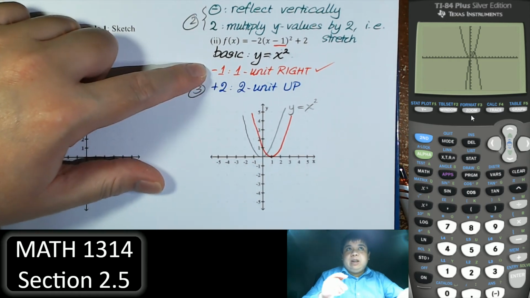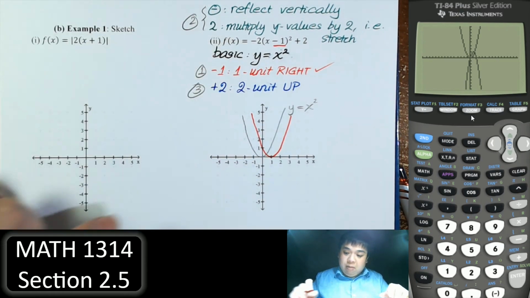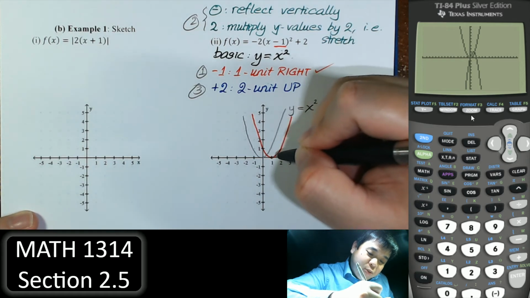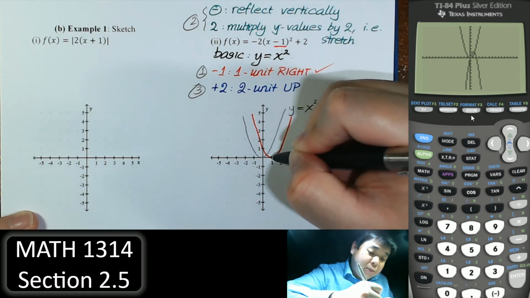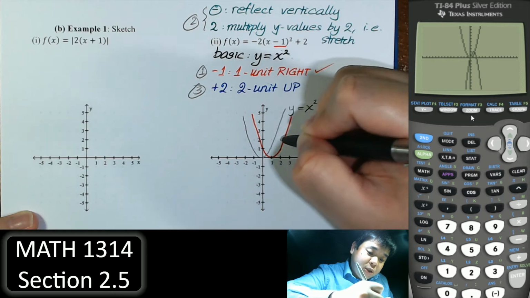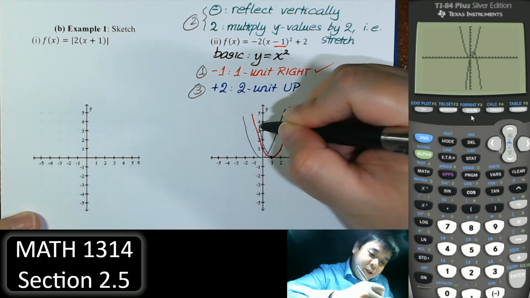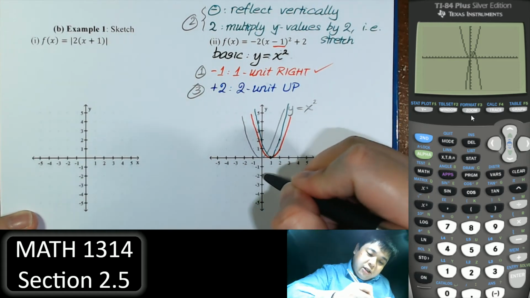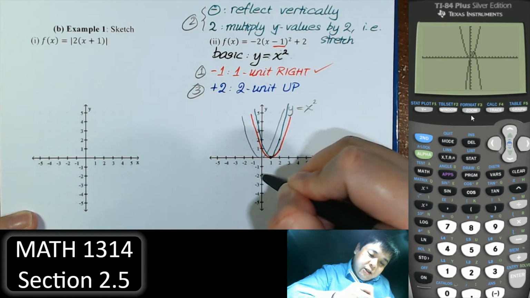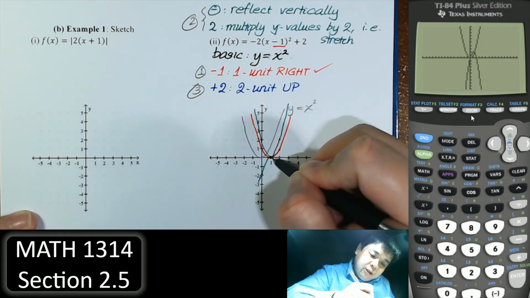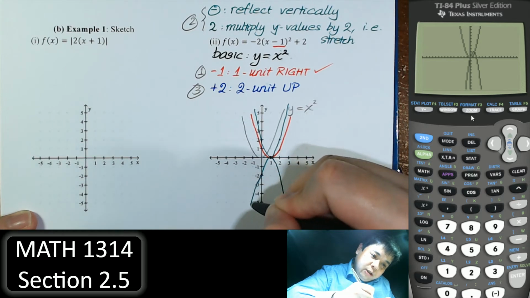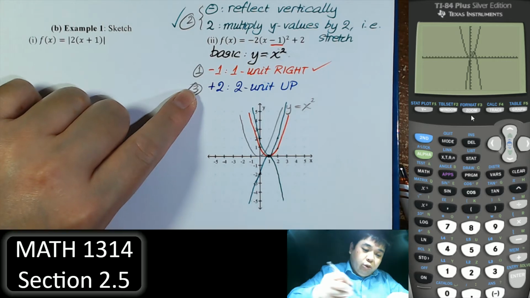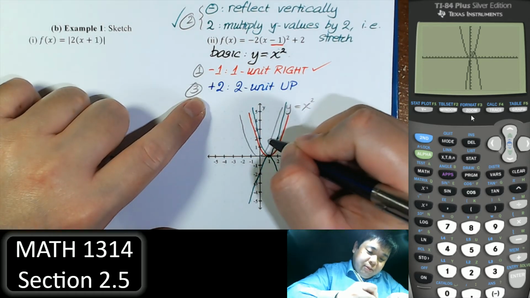This we can do at the same time because we just multiply by a number. So I stretch all the y values, multiply by 2. 0 times 2 is 0. 1 times 2 is 2. So I'm going to stretch, and then reflect. So put the check mark there. We're done. And then finally move 2 units up.